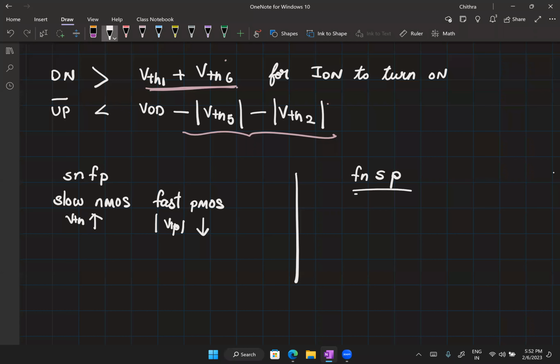And this will have the reverse scenario, fast NMOS, slow PMOS. So now depending on whether your die is coming in SNFP corner or FNSP corner, the time taken for the up and down currents to turn on is going to be very different. For example, if your chip came in SNFP corner, which of the currents is going to turn on faster?